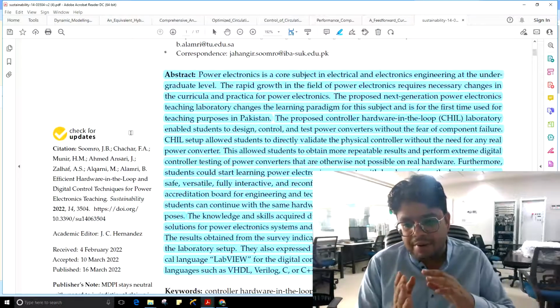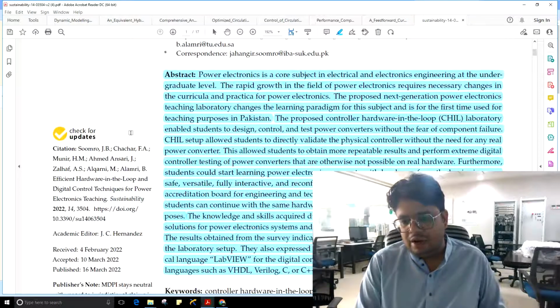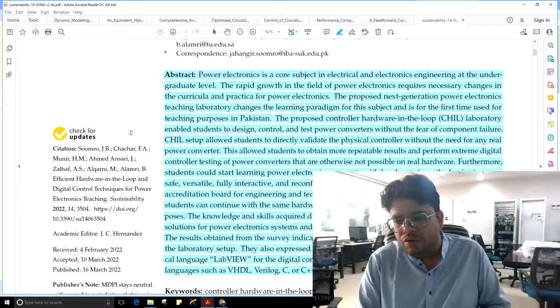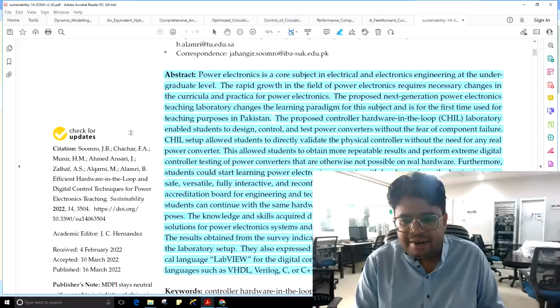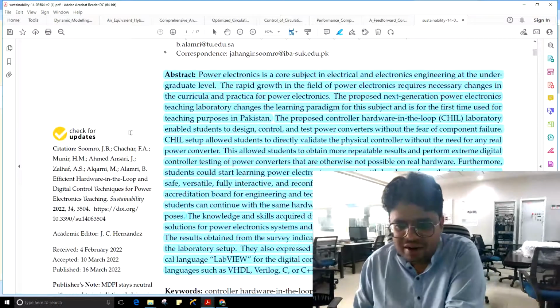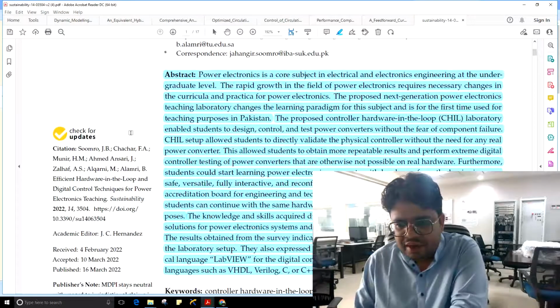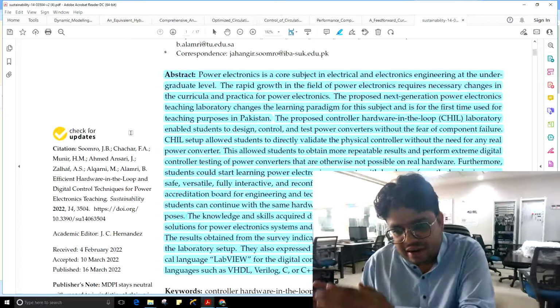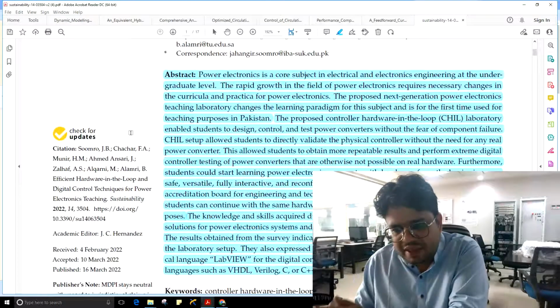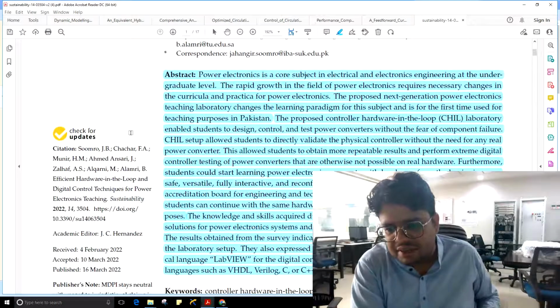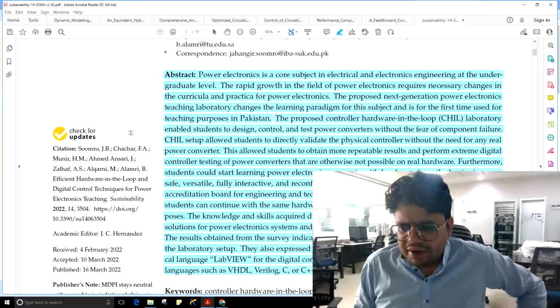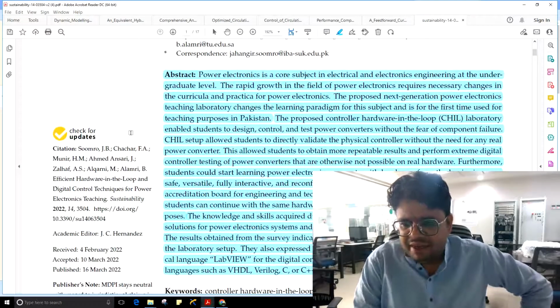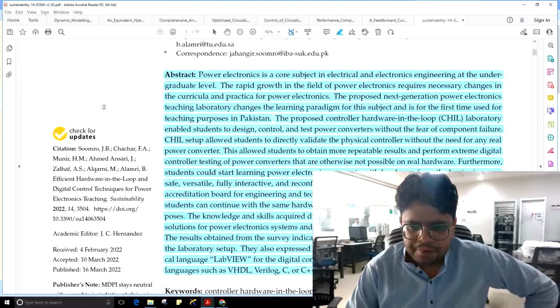So after getting proper results in this controller hardware-in-the-loop laboratory, students can connect the same real-time digital controller to their real hardware. In this way, the results of real hardware will be the same as the results of the CHIL laboratory. So before moving towards the real hardware, at the first stage they can verify the controllers in this lab.